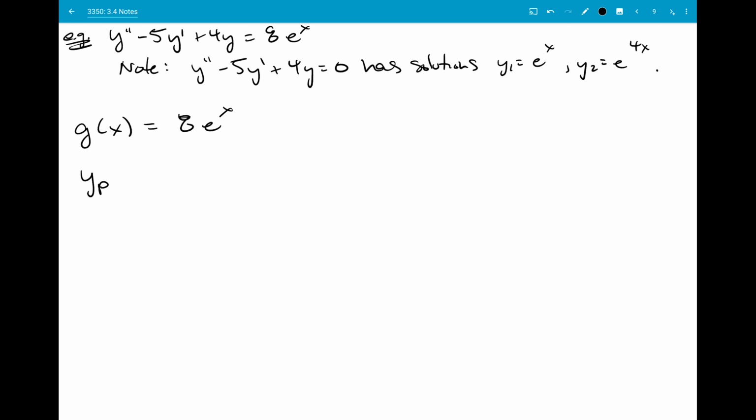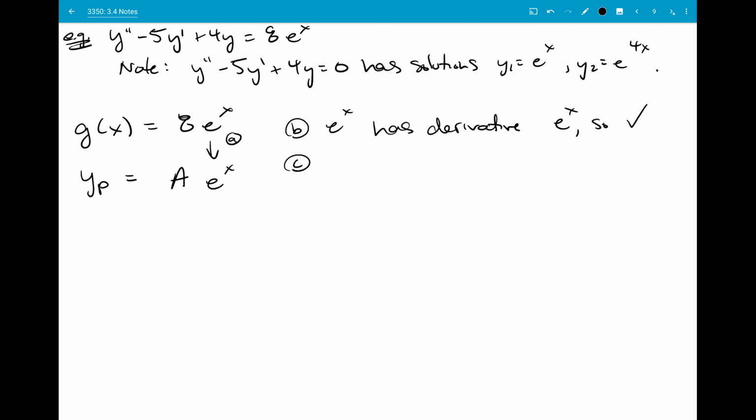And your next step is to try and solve for what y sub p is. And so using our principle A, we would say, okay, it's probably a times e to the x. And then using principle B, we would say e to the x has derivative e to the x, so everything's okay. But then using the last principle we just covered, C, e to the x is already y sub 1.